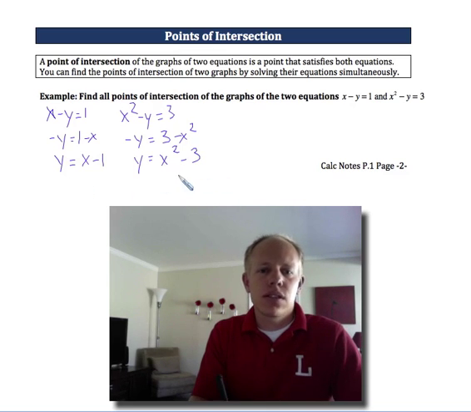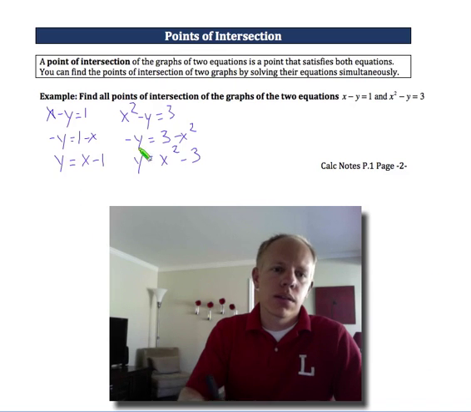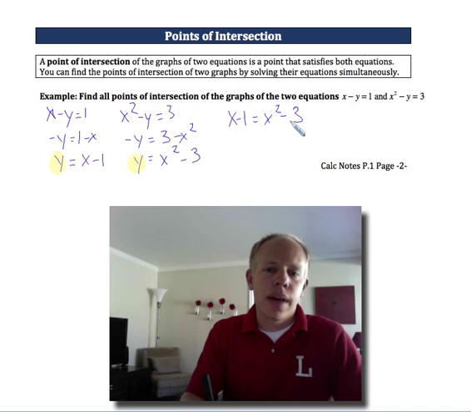Now this is what it means to solve them simultaneously. Both equations are in the form y equals, so now we can use the symmetric or substitution property to combine these two equations into one. We link these with the y, and we get x minus 1 equals x squared minus 3. Now we're going to get an x value that works in both equations.